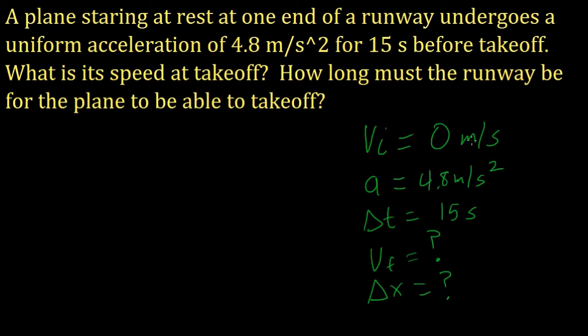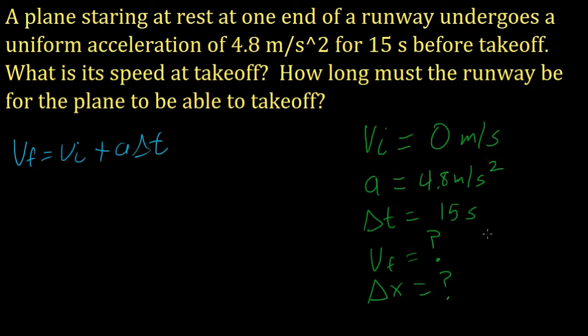So let's find speed at takeoff first. That's final velocity. We know initial velocity, we know acceleration, and we know time. Do we have an equation that includes those four things? Well, we'd have to check our notes if we don't know them all off the top of our head yet. And as it turns out, we do. We have an equation that says Vf equals Vi plus a delta t.